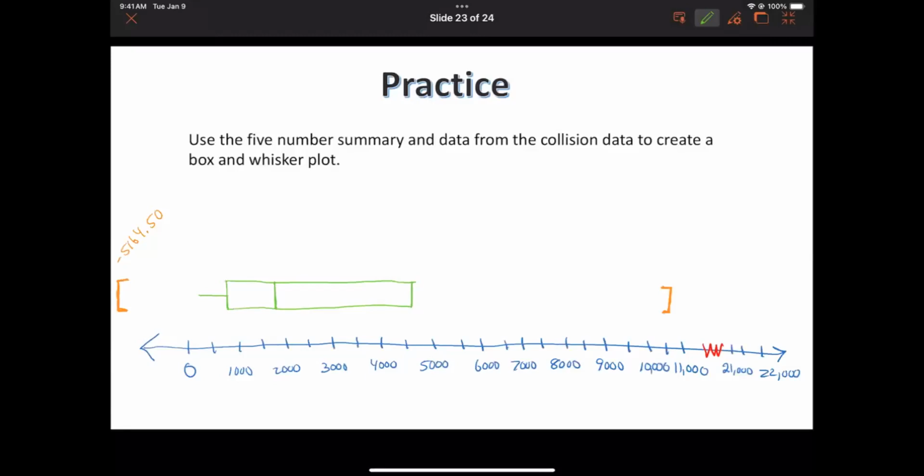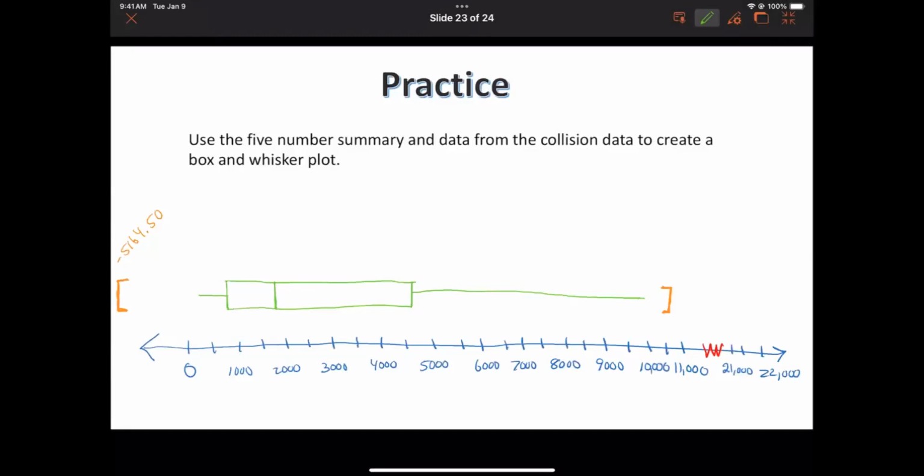I can't read my own writing. It's either a 6 or a 4. It doesn't really matter. It basically goes up to just 10,000. So I need to go all the way up here. Yeah, that's about right. It's the last data value inside the fence. Pretend that line is perfectly straight.